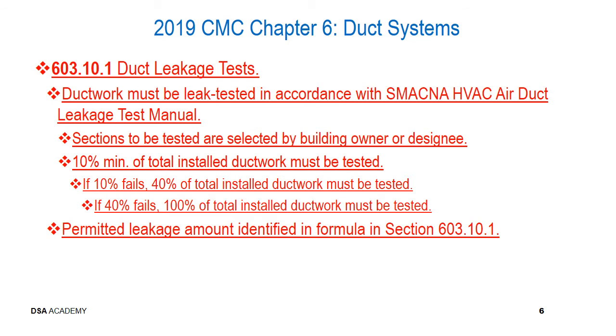It needs to be at least 10% minimum of the total, but if 10% fails, then that increases to 40% total of the installed ductwork. If 40% fails, then all of it, 100%, must be tested. The permitted leakage amount is identified in a formula that's specified in section 603.10.1.